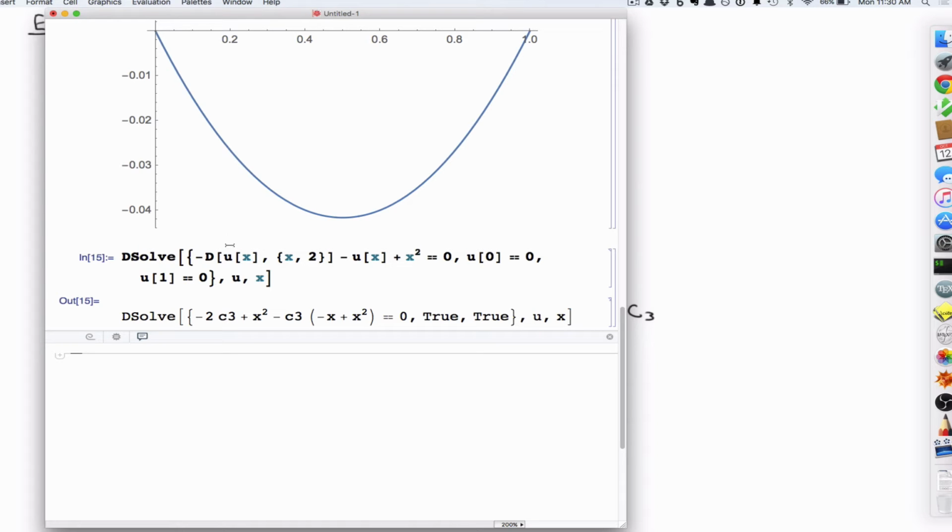Oh, I better not use u, because I defined u up above, so I better use v.